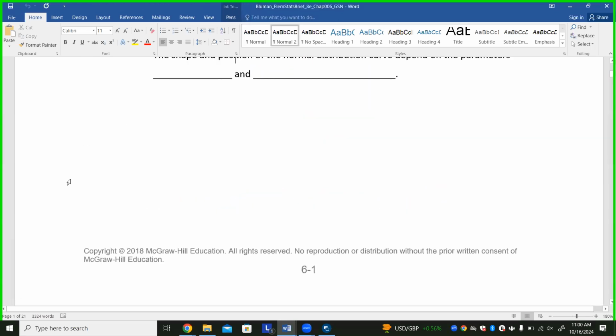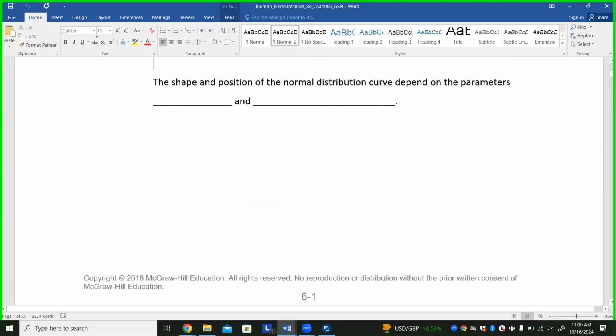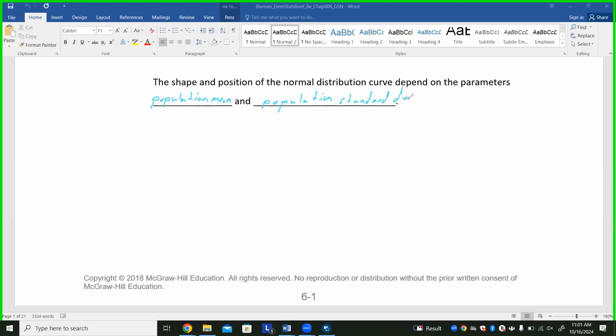All right, so the shape and position of the normal distribution curve depends on the parameters for your population mean and your population standard deviation. Now this graph is about to give you what I'm about to say, but I figured I could put my spin on this to make it a little bit easier for you to understand.